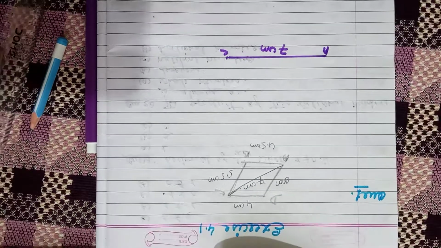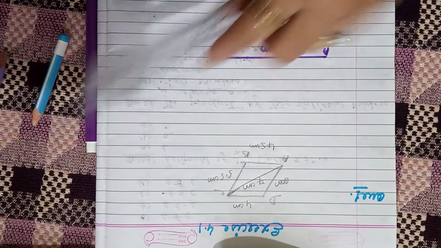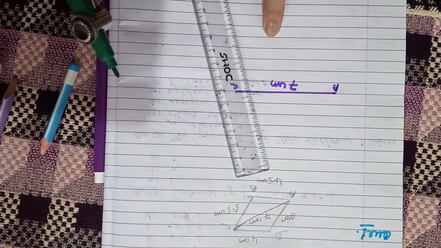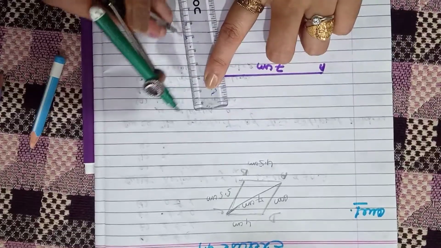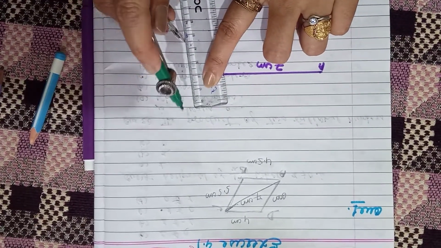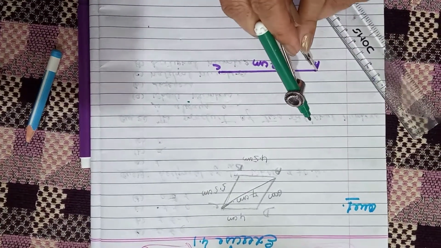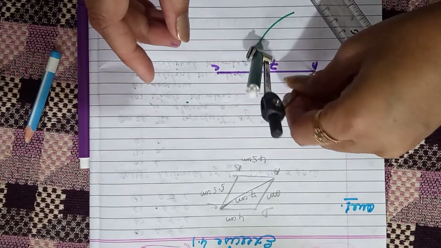Now we open our compasses and suppose I am drawing AB 4.5 on the downside. Now you measure 4.5 and draw it, A, B. Now swing an arc.